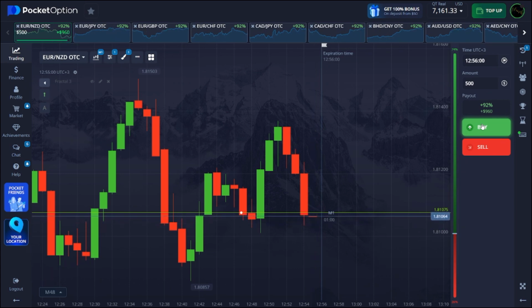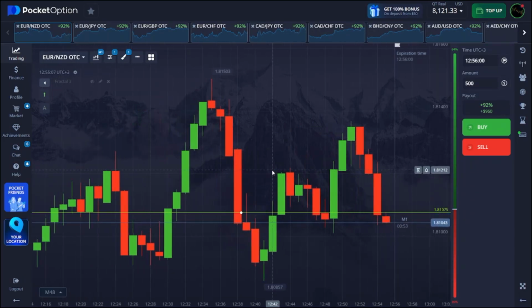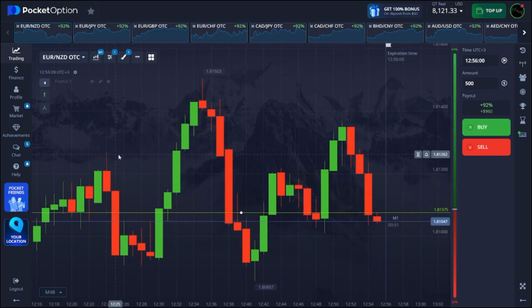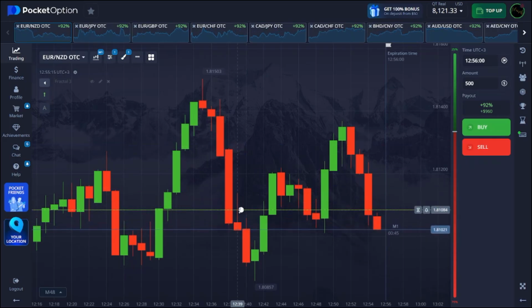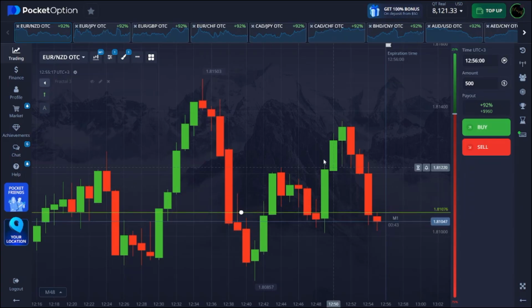Okay guys, we took another trade here, so that was a win. And as you can see, the market is moving inside a ranging market, and we have this engulf.